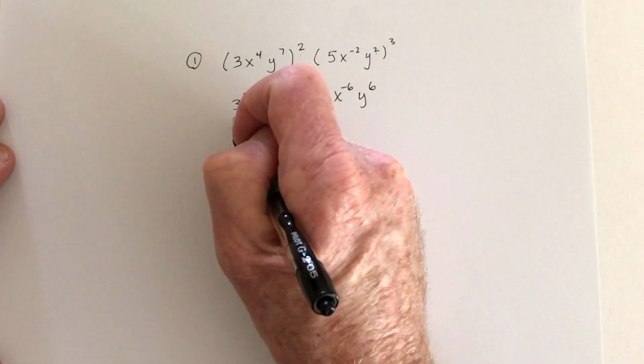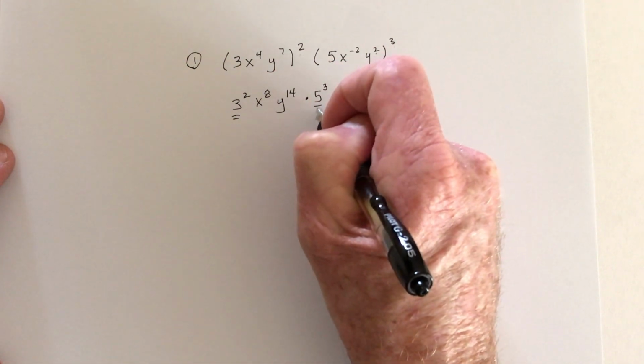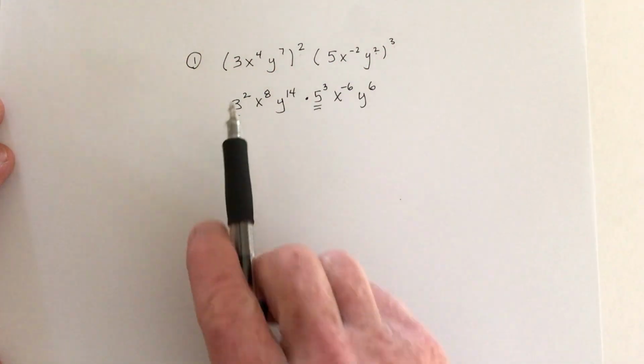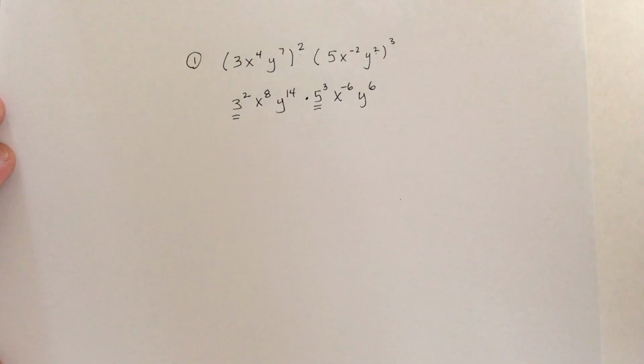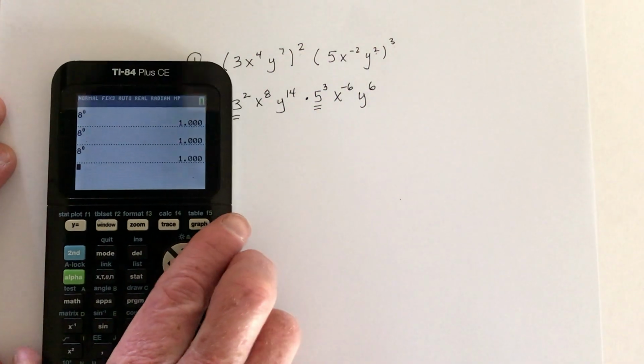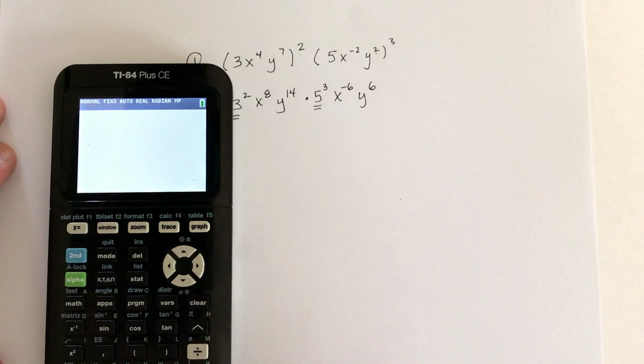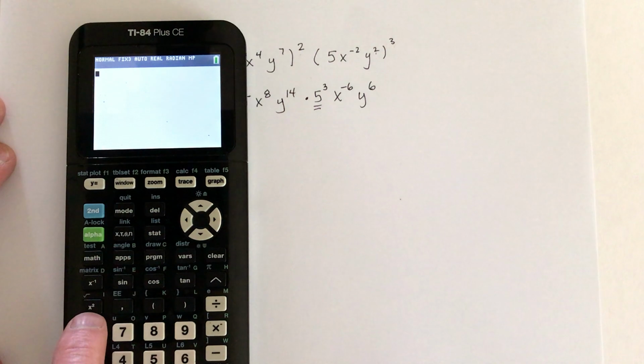So now let's see, there's a 3 squared and there's a 5 cubed. Of course, I could say that is 9 times 125 and multiply that in my head, but I don't know what that is, so I'm going to use the calculator. So the squared button is over here. It says x squared, but it just means squared.